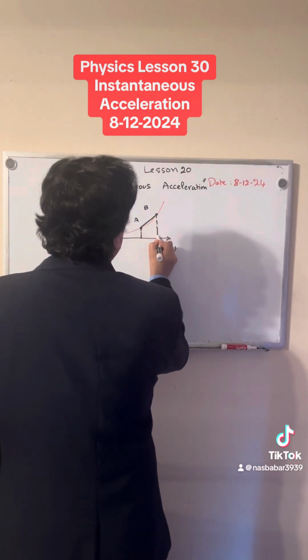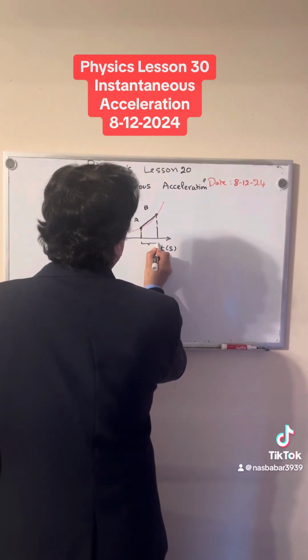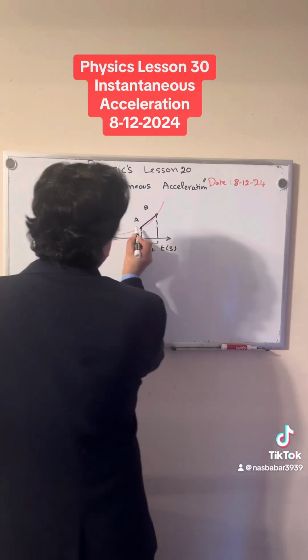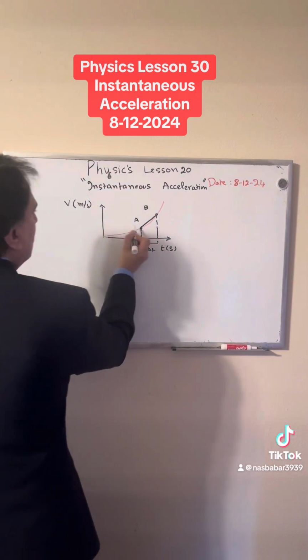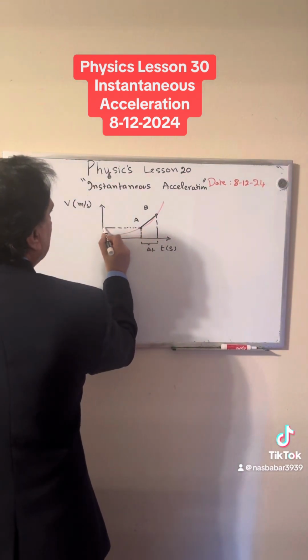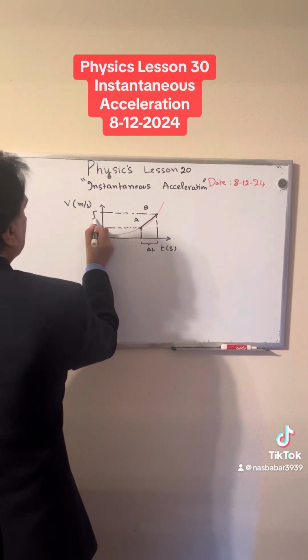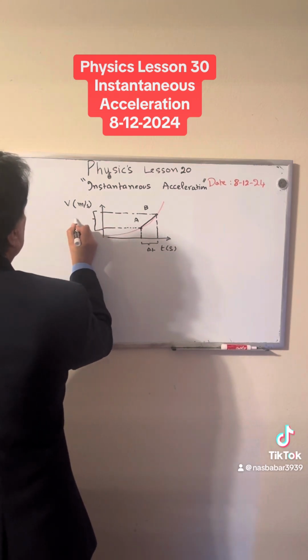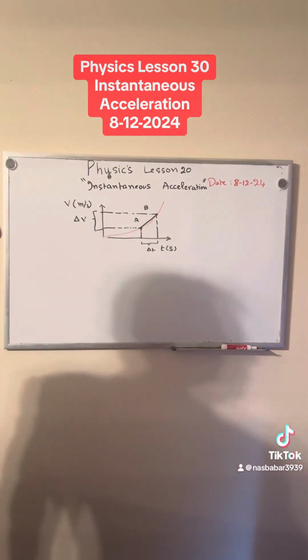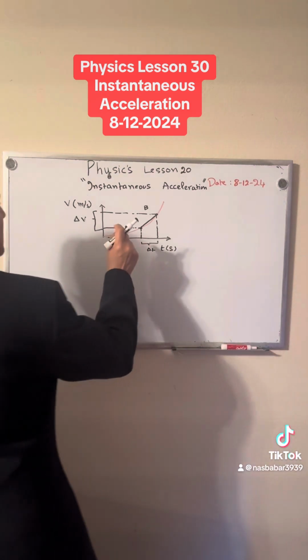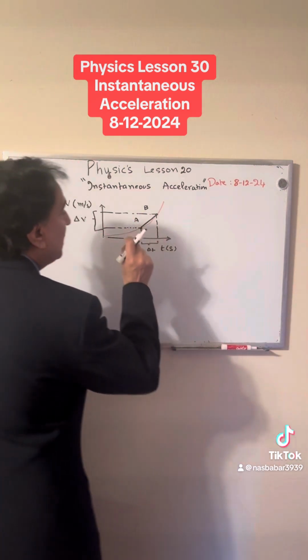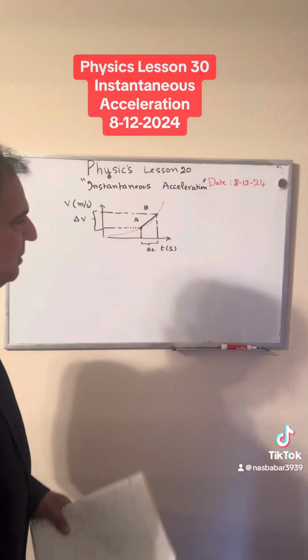And this right here will be your delta t, and then move towards the velocity right here. This right here would be delta v. Now if I ask you to find instantaneous acceleration at point A, how would you do it?